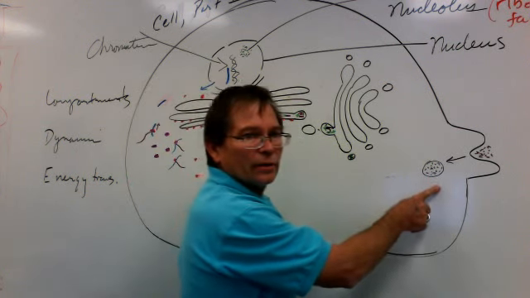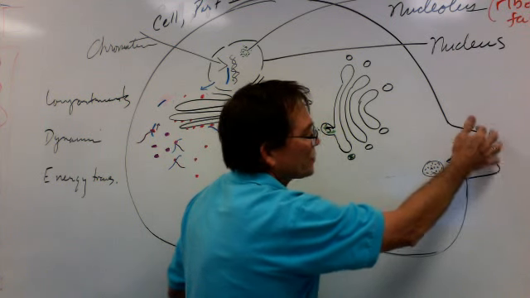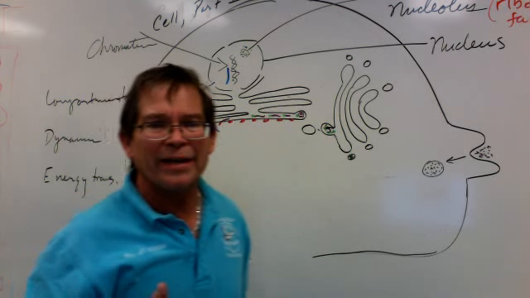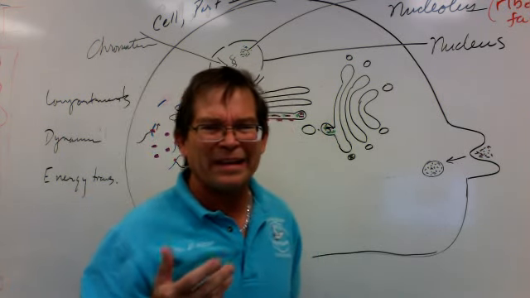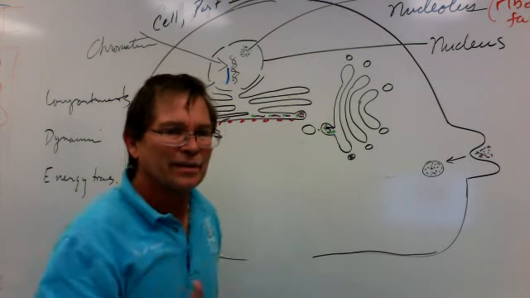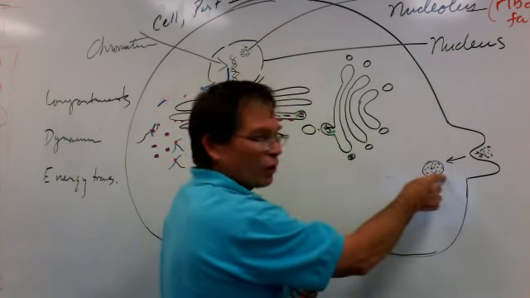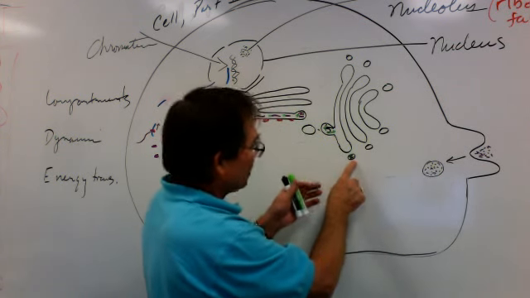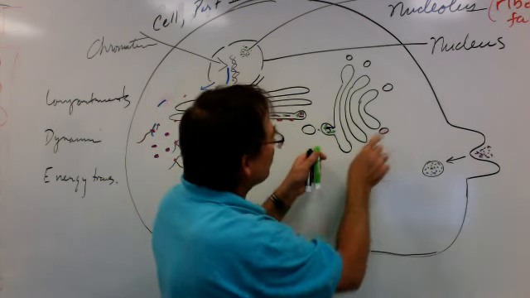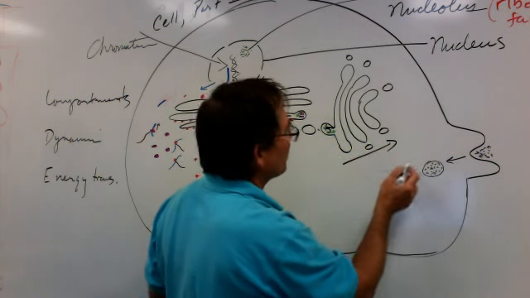But here I show the process of phagocytosis, where a cell is surrounding some material that it's going to take in. Cells, by the way, are always drinking. That's pinocytosis, and phagocytosis is taking in larger bits of material by this process. Here I show a food vacuole. Now, a lysosome, which was formed here at the Golgi apparatus, actually it would probably be formed over here in this area because there's some processing that goes in that direction.